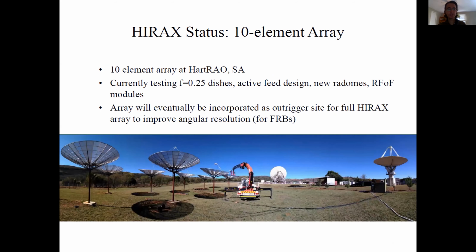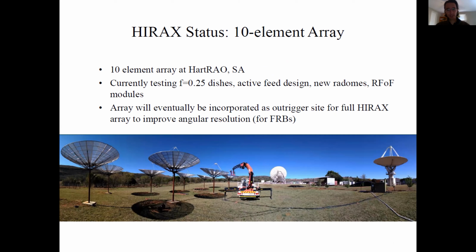So where we stand right now is that there's a 10-element array at the Hartebeesthoek Radio Astronomy Observatory in South Africa near Johannesburg, where they have a little bit more infrastructure than they will way out in the Karoo. So we're doing some of our initial testing there. We're currently testing our f/0.25 dishes.